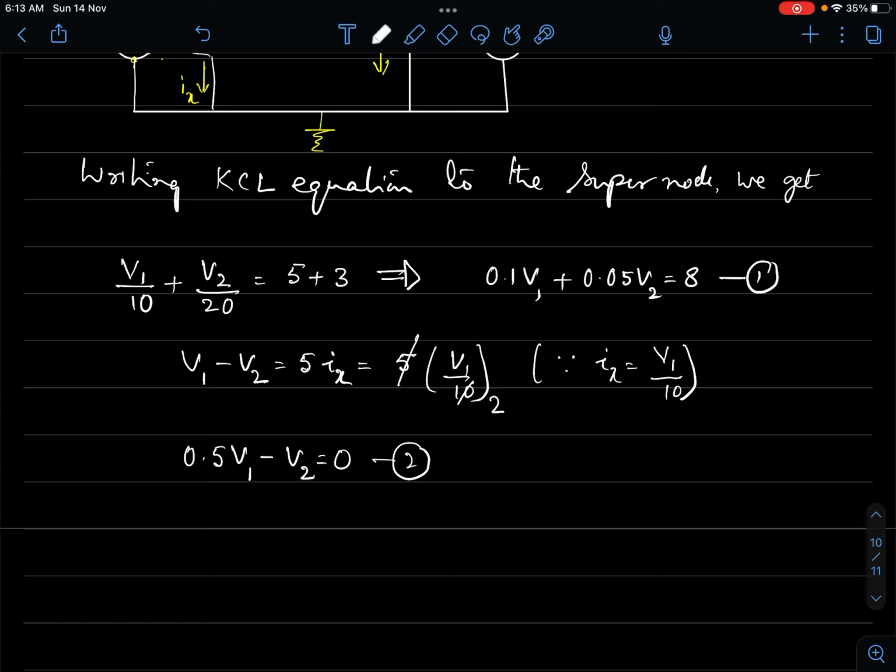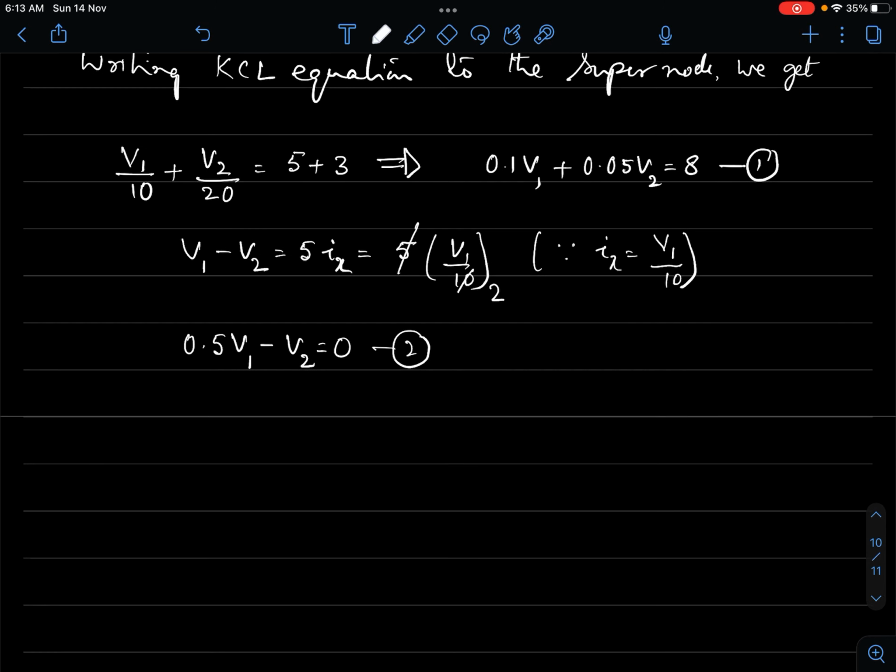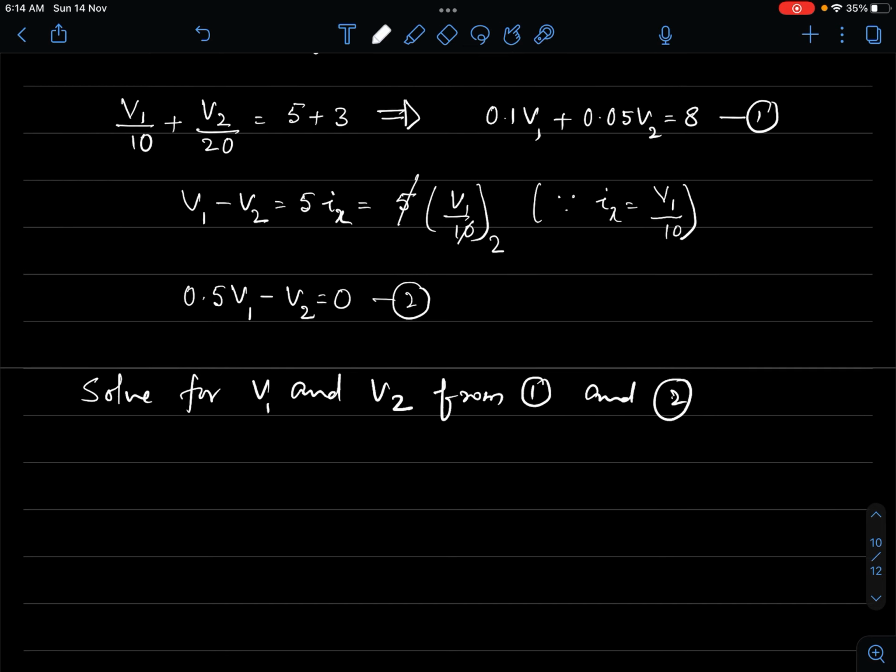Simple, primary school children will be able to solve this equation 1 and 2, right? You have two equations and two unknowns. You have calculators. Solve for V1 and V2 from 1 and 2. You use a calculator, use Cramer's rule, or use the substitution method.